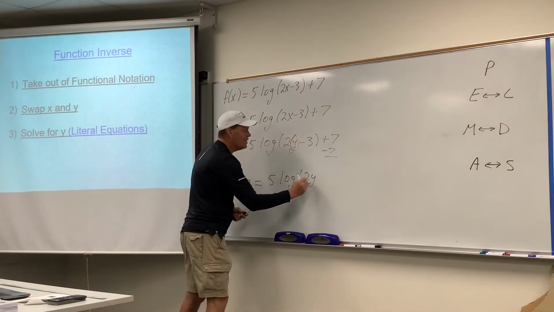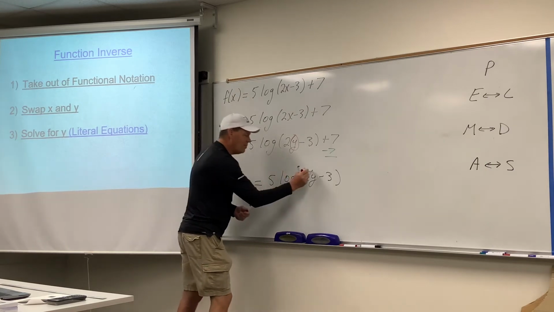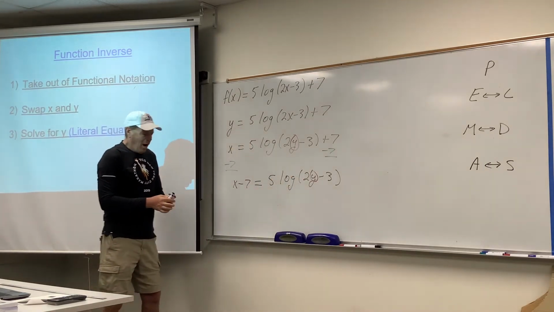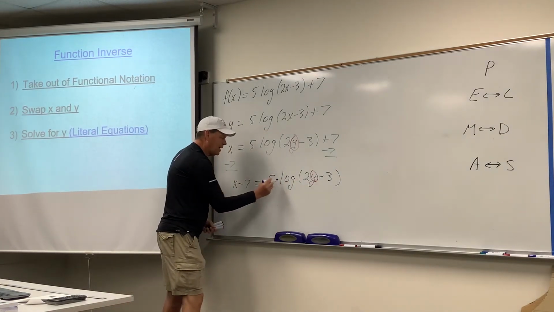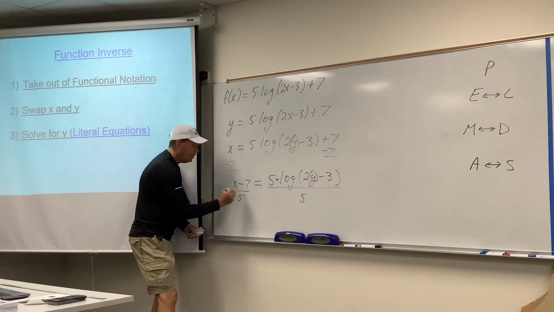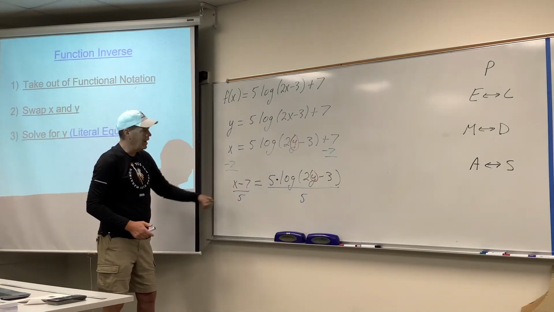The only difference is we're not going to get a numerical value for y. We're going to build a math expression each time we introduce a new step. I hope you would agree at this point that the multiplication by 5 would need to be eliminated. We divide both sides by 5. Make sure you put that all over 5.